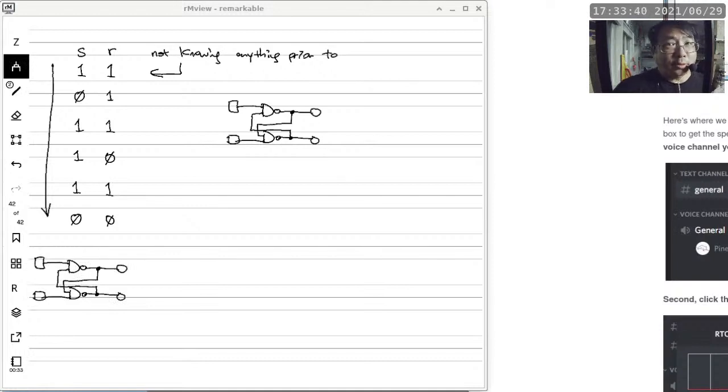The first one turns out to be kind of fun because if I don't tell you anything ahead of time, when both inputs are just ones, you really don't know what the output is. So think about both inputs being ones. This is S, this is R, this is Q, and this is NQ.